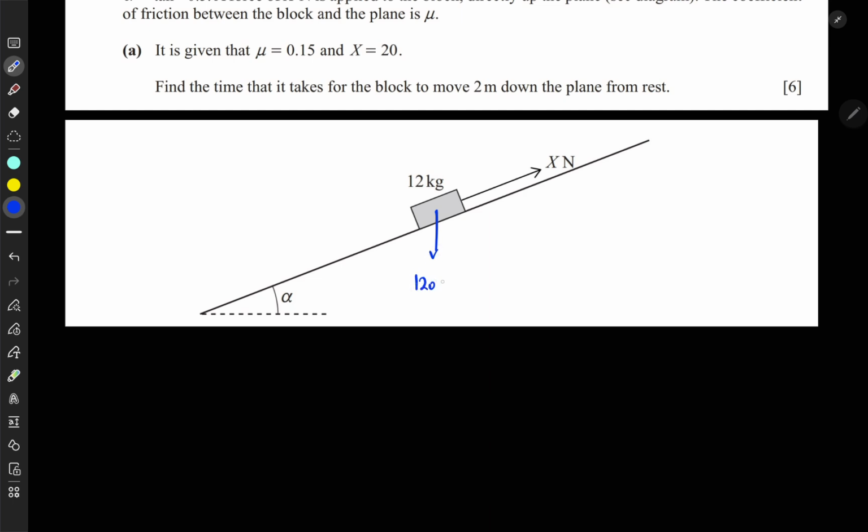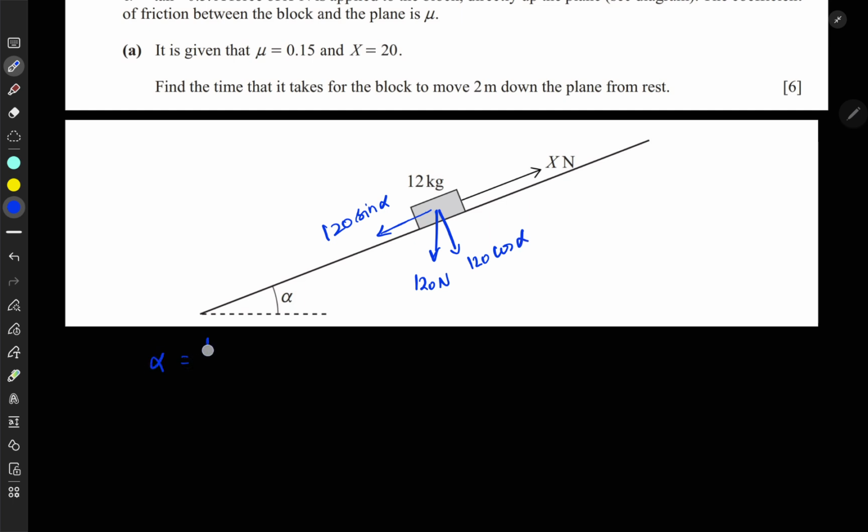Let's take 10 for gravity, so 120 newtons. If I resolve the components down the plane and perpendicular to the plane, I'll get 120 sine alpha, and this will be 120 cos alpha.